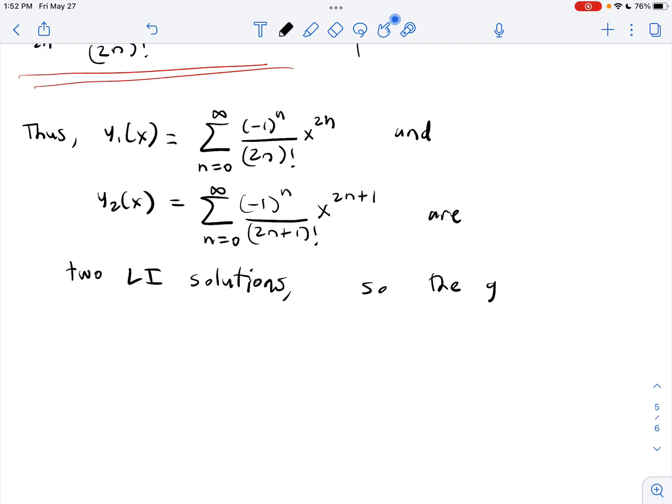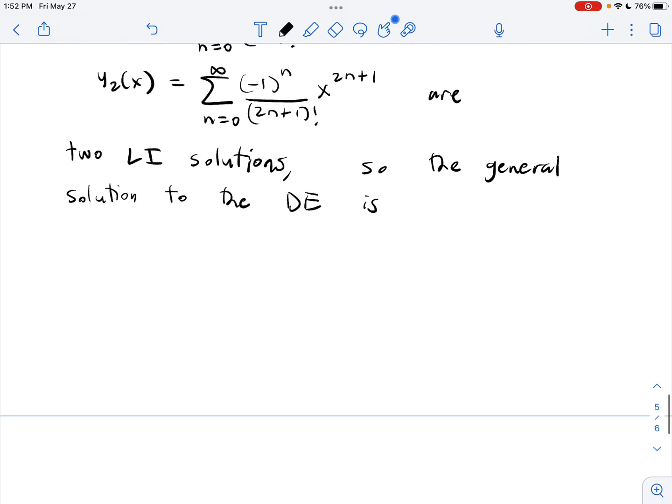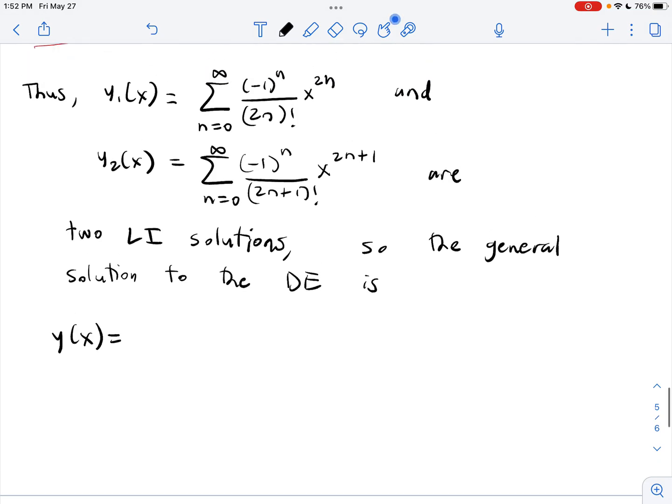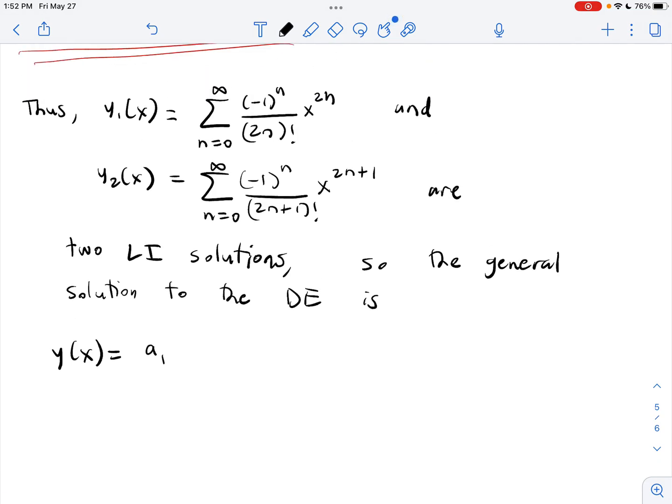So the general solution to the differential equation is y of x equal to a1 times the first series, plus, sorry, not a1, that should be a naught.